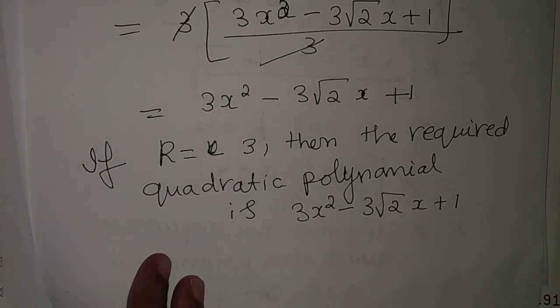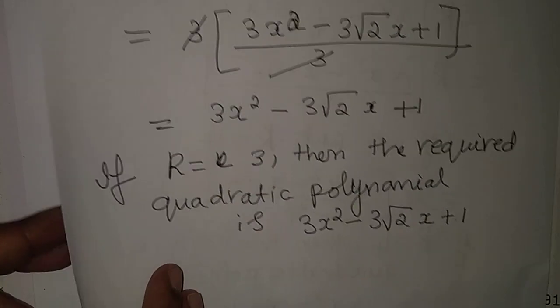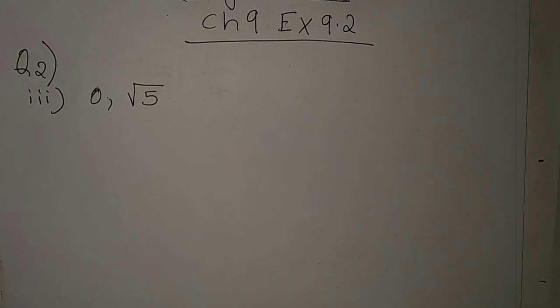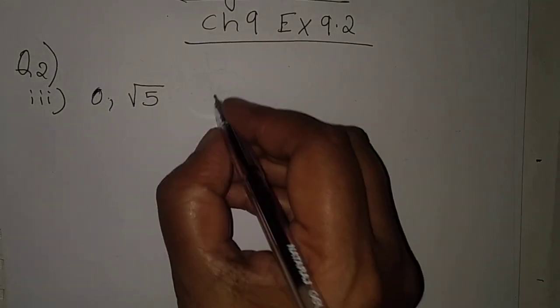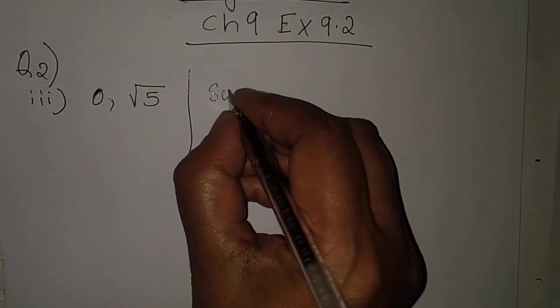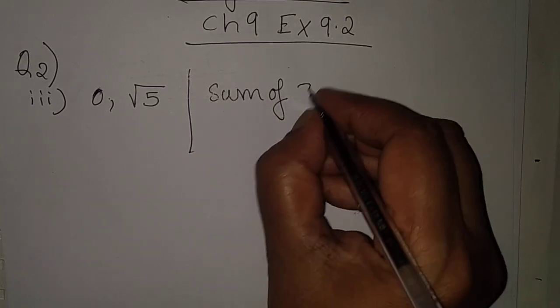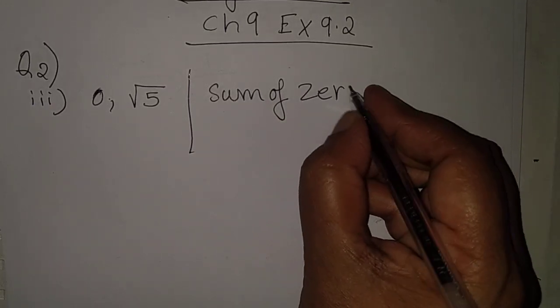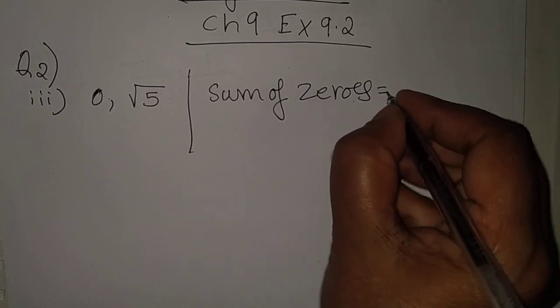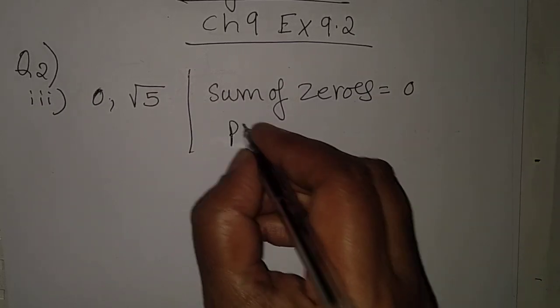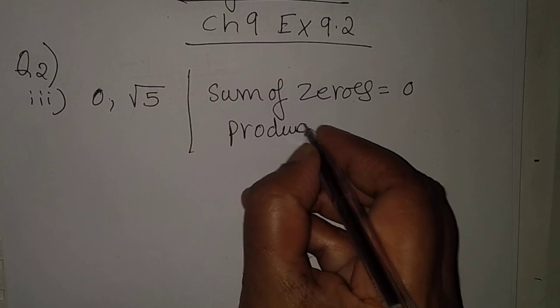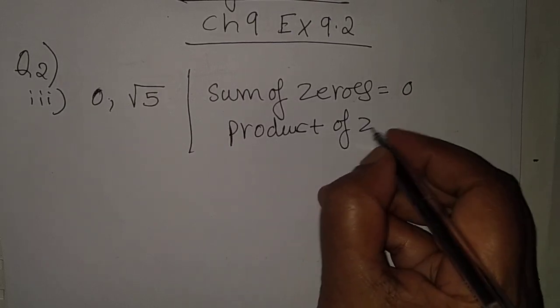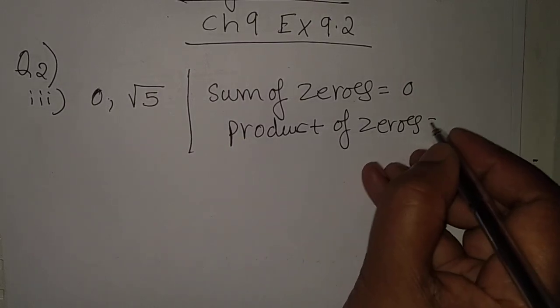So we move to the next one, that is the third. In the third, they have given sum of zeros as 0 and product of zeros equal to root 5.